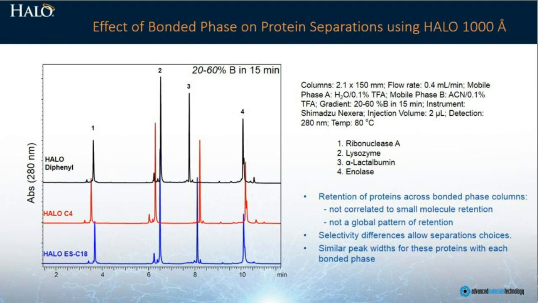They are subtle, relatively speaking, but they can be useful when you need to start pulling apart very similar sequences. The second thing that occurs in this comparison is that you're not seeing big differences, or really any appreciable difference in bandwidths. In other words, as you use different bonded phase materials, you do have some selectivity options, but it's not at the expense of column efficiency or chromatographic resolution.